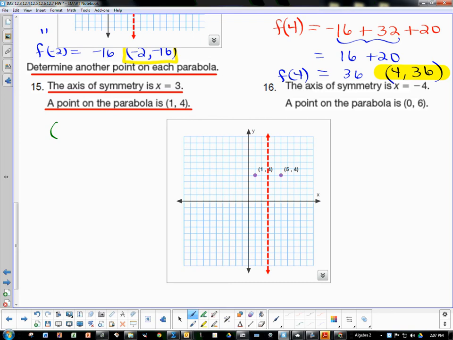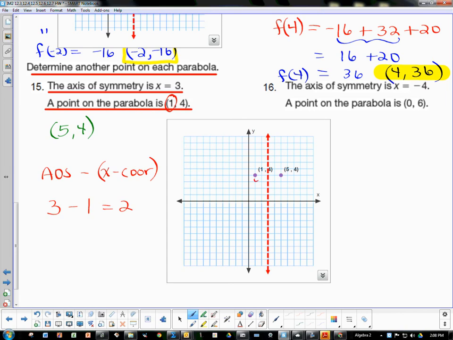So we have another point. Another point is 5 comma 4. Now how would you do this? Well, algebraically, you can take that axis of symmetry and subtract an x-coordinate. So the axis of symmetry is 3 minus, and the x-coordinate is this 1 right here, which is 1. That's going to be 2. That actually gives you the distance.